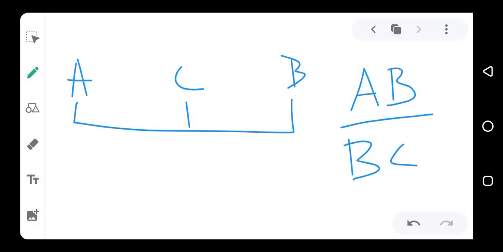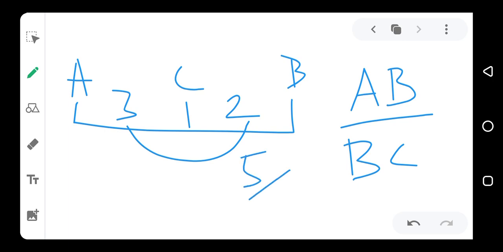So, assuming that this side is 3 and this side is 2, then the line dividing it externally is going to be 3 plus 2 is 5. So it is going to be 5 over 2.